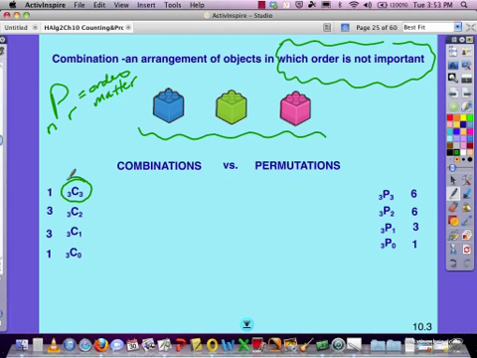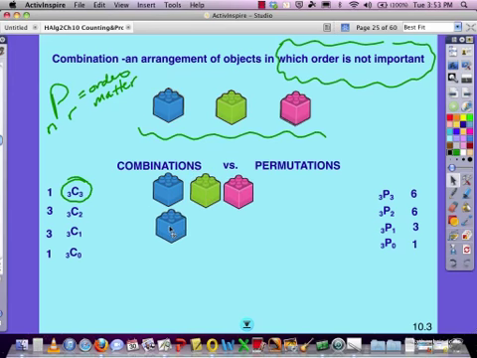But a permutation means we have 3 things taken 3 at a time, and in a permutation, order matters. So if we're going to take all 3 of them and order matters, then let's start making the arrangements. If I put the blue one first, I could have the green and the pink.